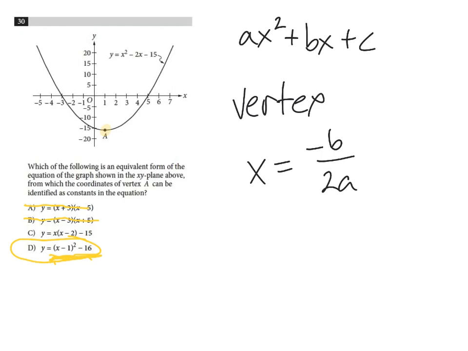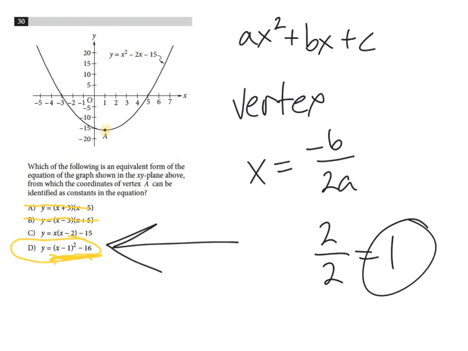In this case, b equals -2, and the negative of -2 is +2. And 2 times a, where a equals 1, so that's going to be 2 over 2, which is 1. And the only equation with 1 in it is D.